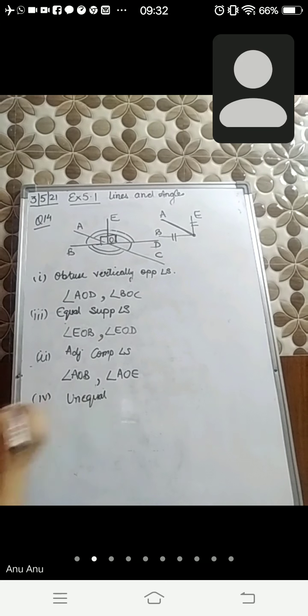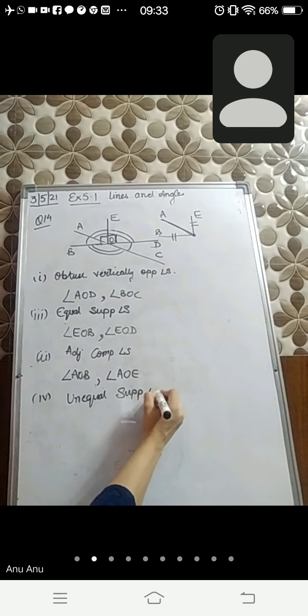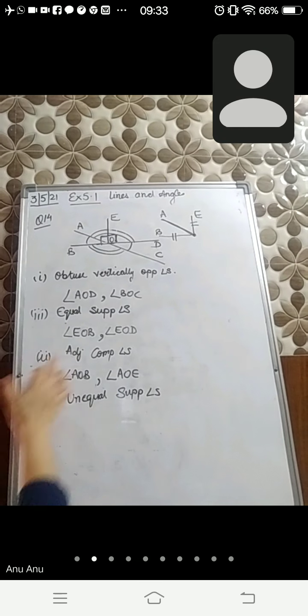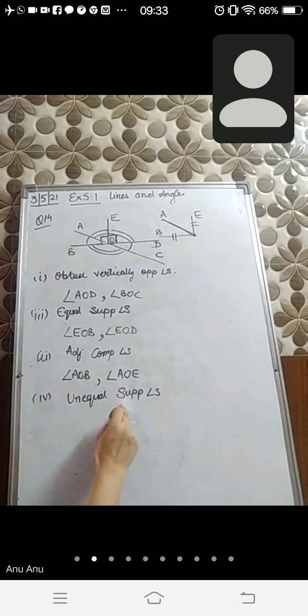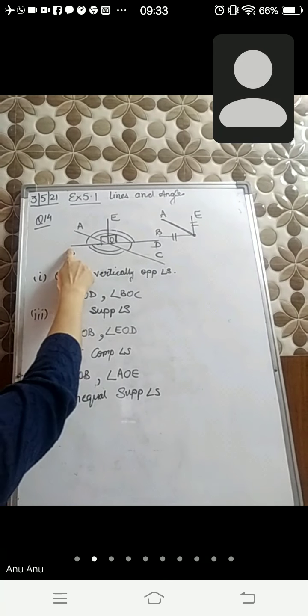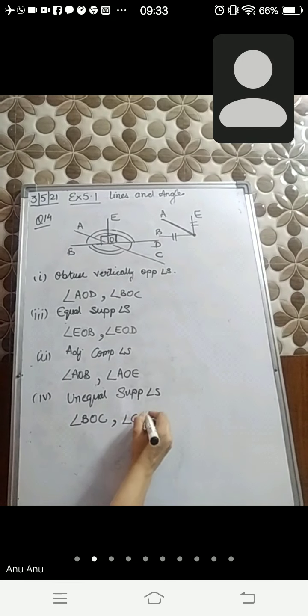unequal supplementary angles. ये तो बेटा इक्वल थे ना, दोनों का सम 90 90 था, तो दोनों इक्वल थे. यहाँ पे बताना है अनइक्वल सप्लीमेंट्री. सप्लीमेंट्री क्या होते हैं? जो स्ट्रेट लाइन पे आते हैं, जिनका सम 180 होता है. तो स्ट्रेट लाइन पे तो बहुत सारे एंगल आ रहे हैं. BOC, COD, first pair is BOC and COD.